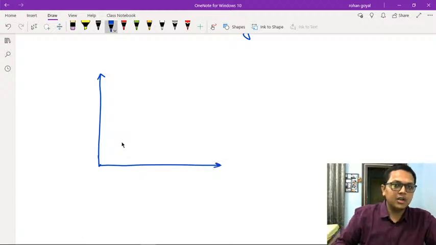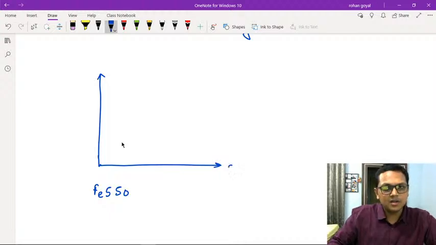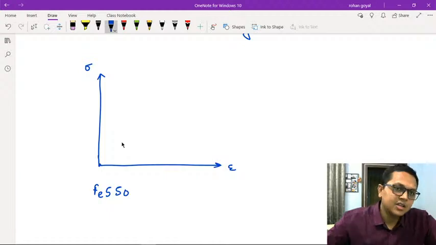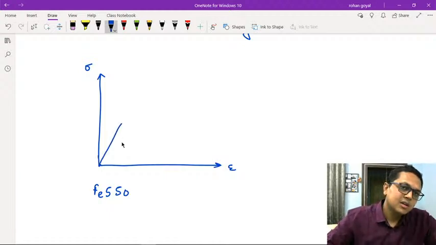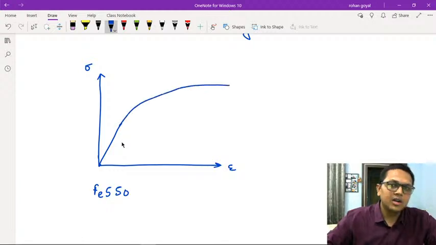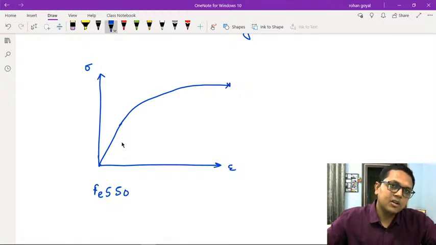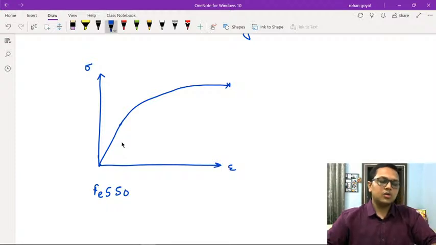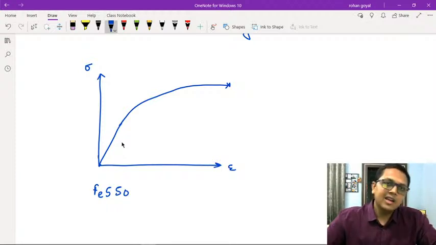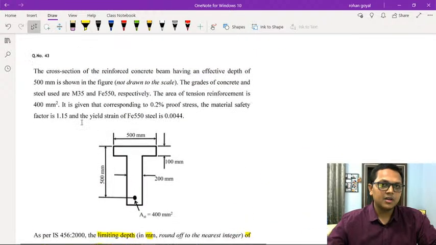For the steel, the stress strain curve is like this. Let us take Fe 550 steel, as given in the question. The initial section of the curve is linear and then it is non-linear up to failure. Since there is no defined yield point, the yield strength is taken at 0.2% proof stress, as given in the question.